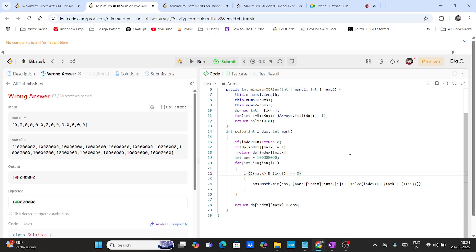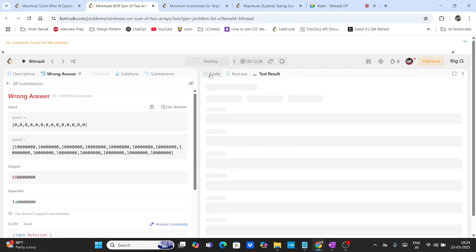What if I change this value to max? Do you think it will work?